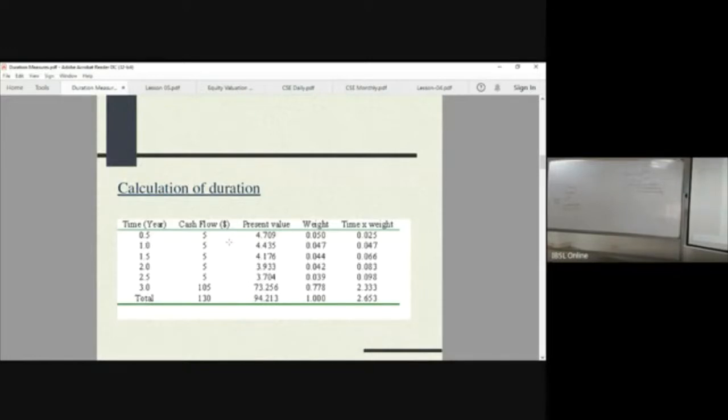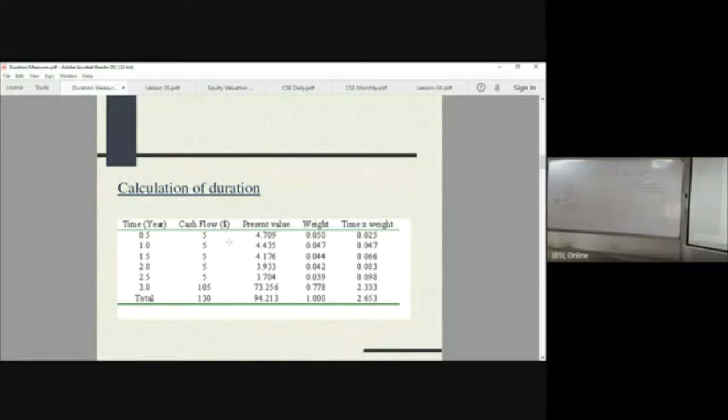Then you can do the repeated calculation and see others are correct. Other present values are correct. The third one, you get 1.5 as the time. So there you get 1.5 into 0.12. That is 0.18.